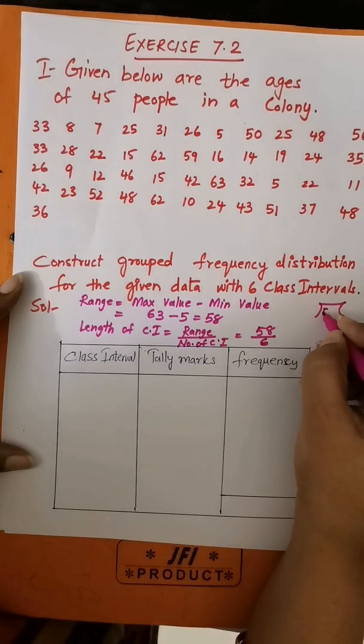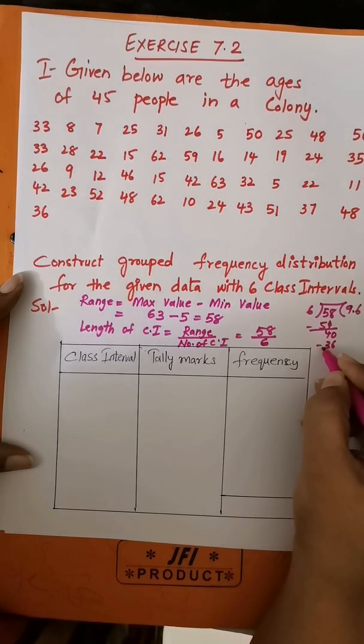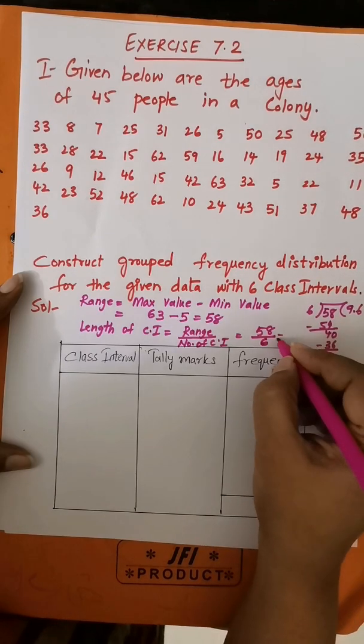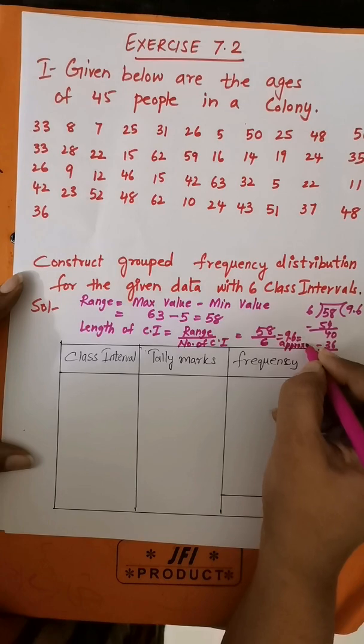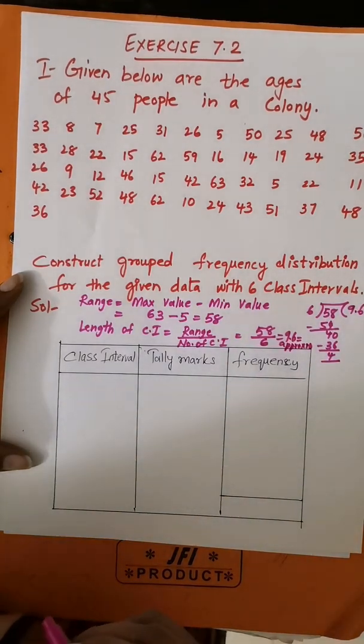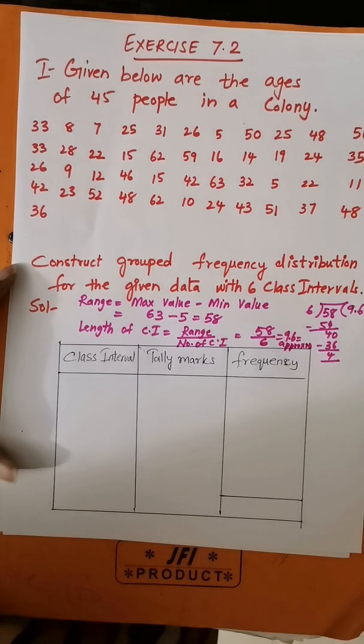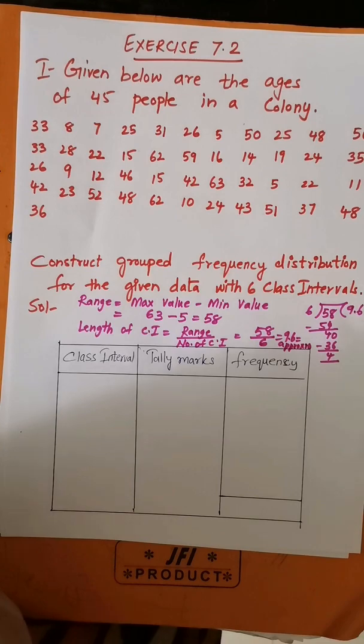So if you divide 58 by 6, 6 9s are 54, 4 remains, put a point and 0, 6 6s are 36, 4 remains. So 9.6 is approximately equal to 10. Okay. Now the class length of the class interval should be 10.